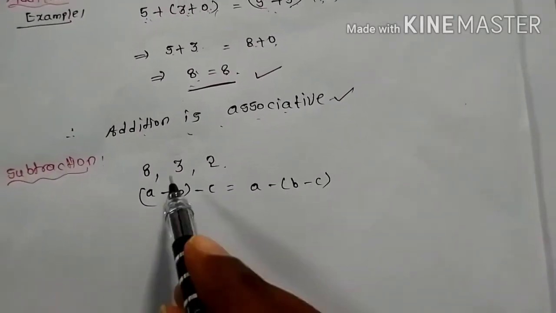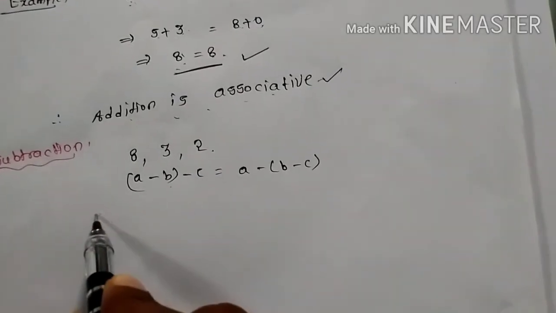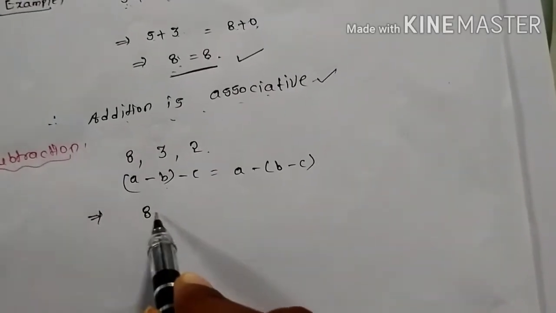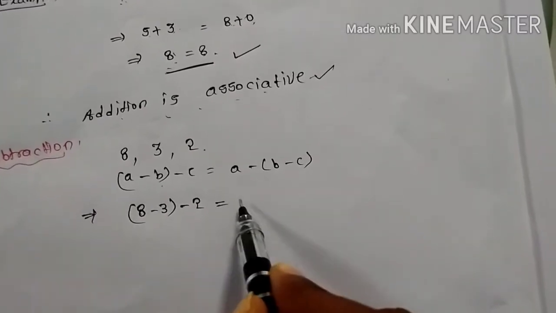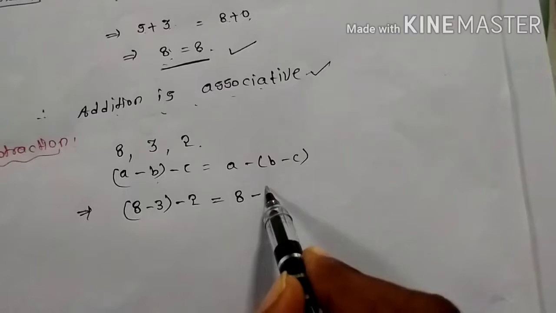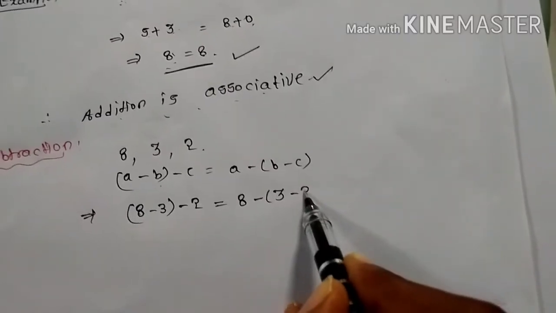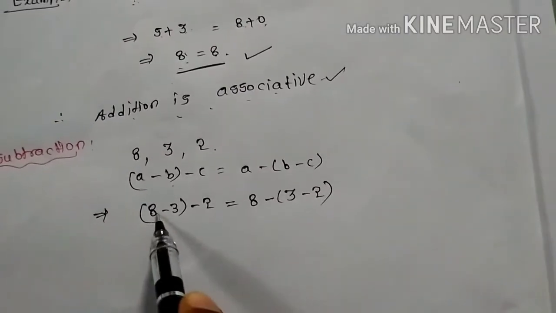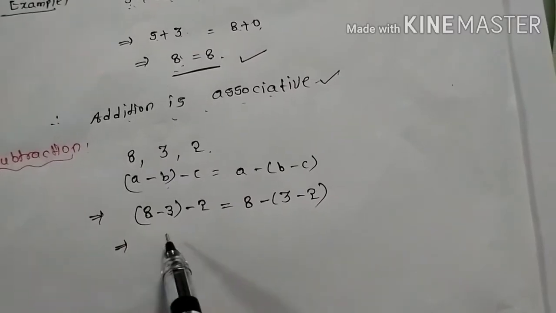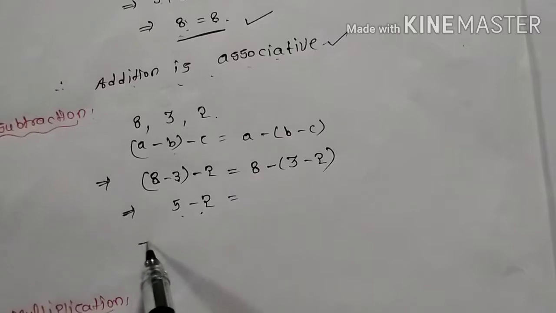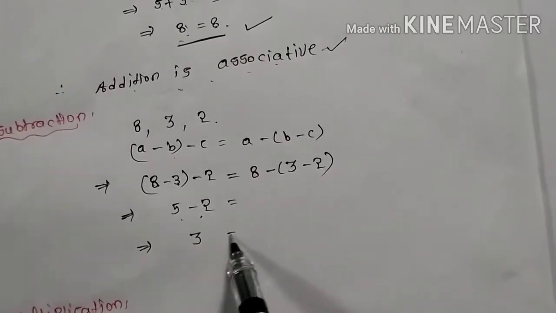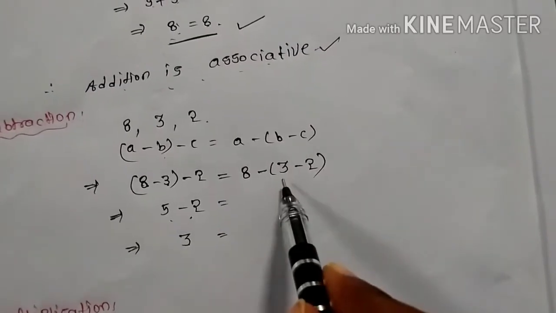If I am substituting, 8 minus 3 of minus 2 is equal to 8 minus of 3 minus 2. See here, 8 minus 3 is 5 only. 5 minus 2 is 3. On the left side you got 3 only.